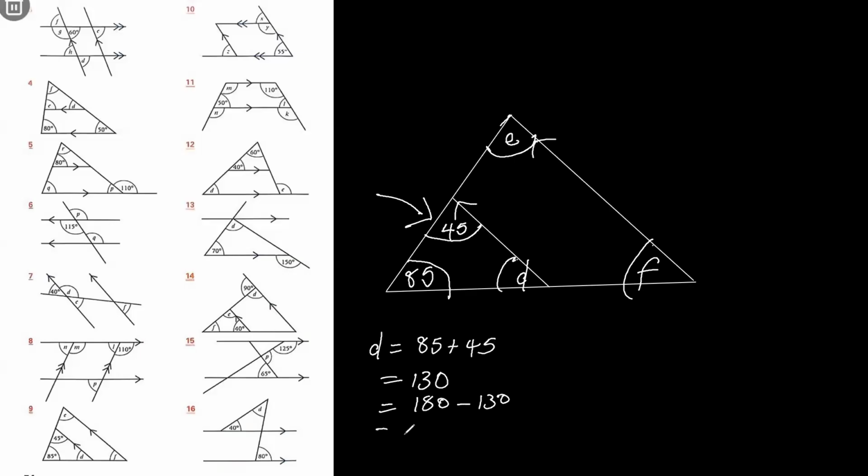And when I subtract from 180, I get 50. So D is equal to 50 degrees. But my question still remains. What corresponds to the 45? E. E, correct.